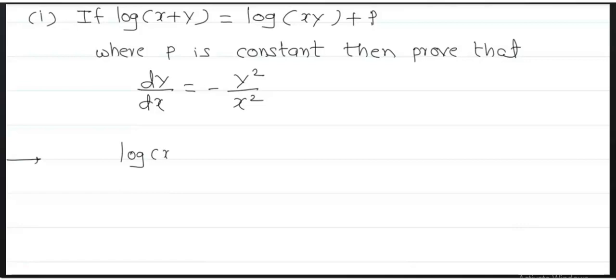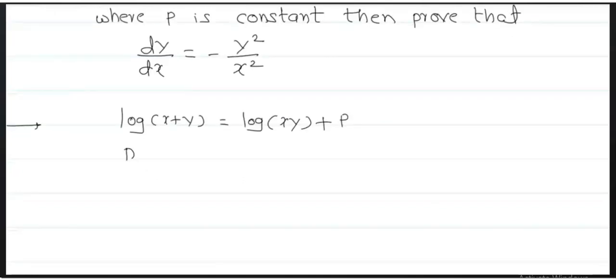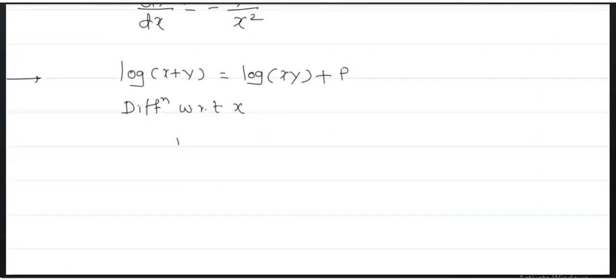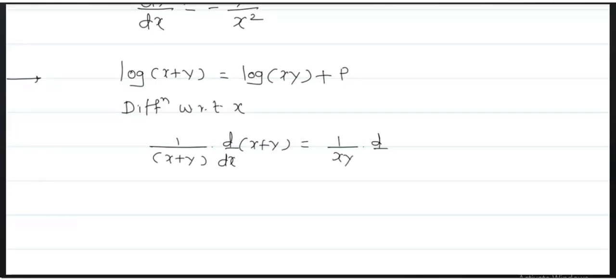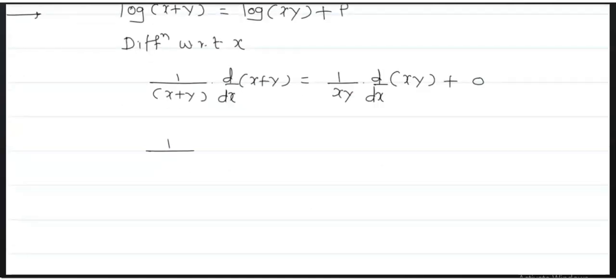Now log of (x plus y) is equal to log of xy plus p. Differentiate this with respect to x. One upon (x plus y) into d/dx of (x plus y), equal to 1 upon xy into d/dx of xy, and the derivative of p is 0.